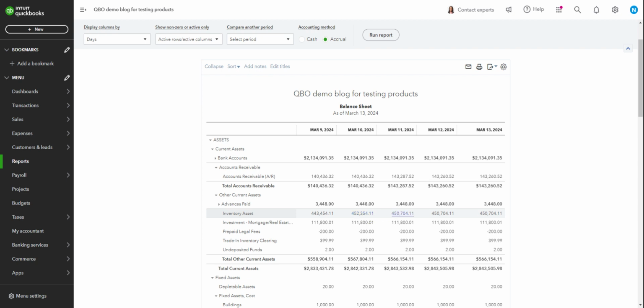Then you'll see the cost of goods sold, and this is how it impacts your balance sheet. It's a big balance sheet, and if it's just that same transaction, then you won't see it. So you have to see the difference in here, from 443 to 452, and then it went down to 450 because you sold it.